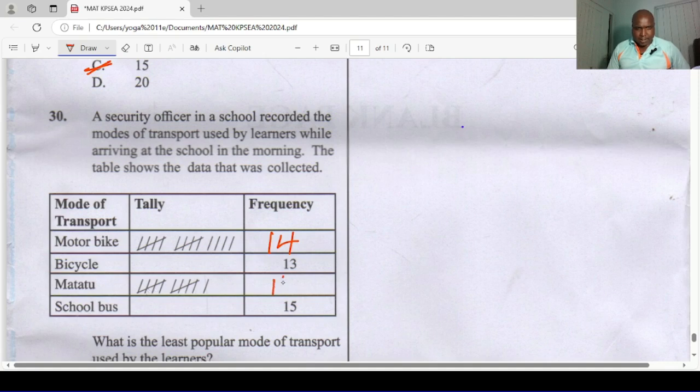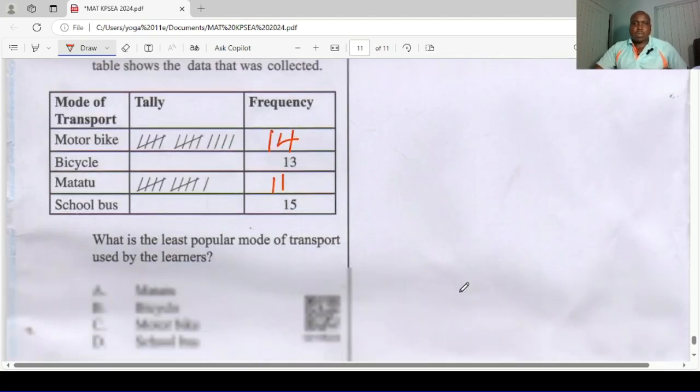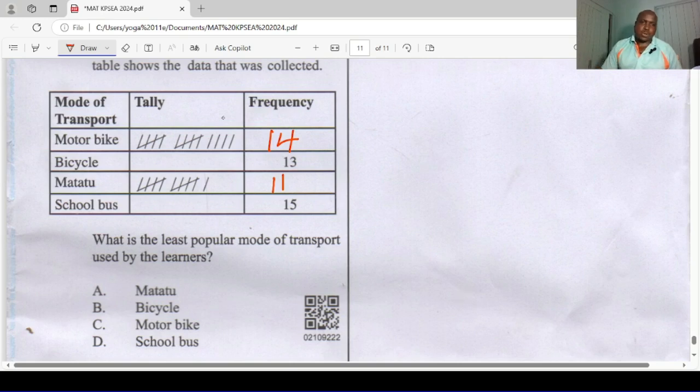This one is 11. So matatu is 11, school bus 15, bicycle 13, motorbike 14. What is the least popular? Least popular is matatu, which is 11.